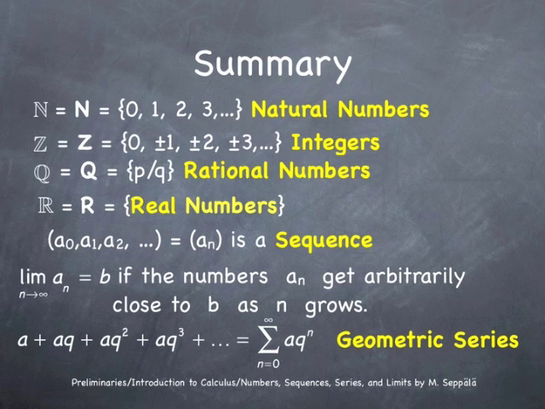To summarize the discussion, let me recall that we have introduced the set of natural numbers. They are numbers 0, 1, 2, 3, and so forth. So 0 is a natural number, and the set of natural numbers is denoted by boldface capital N, and sometimes with so-called blackboard bold N, which is capital N with two parallel lines in the middle instead of one as in the normal font.